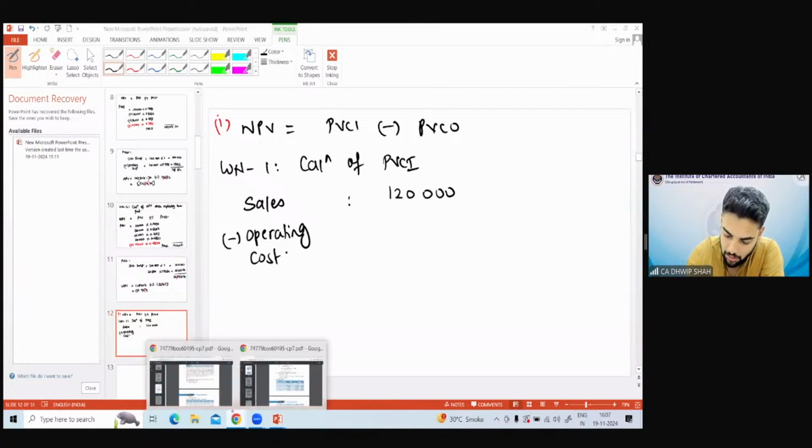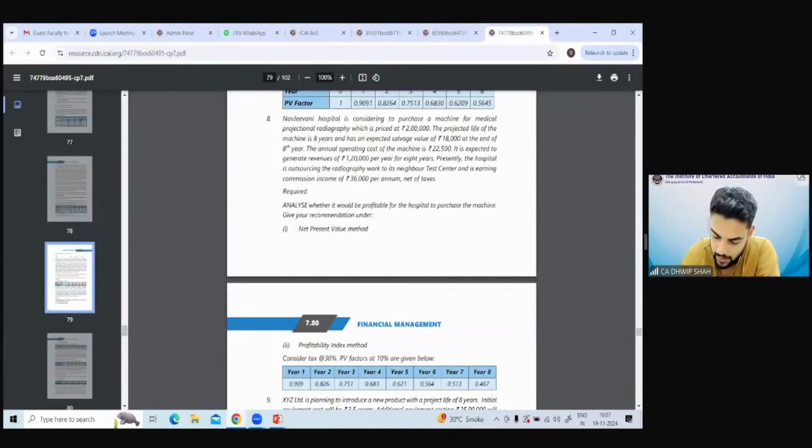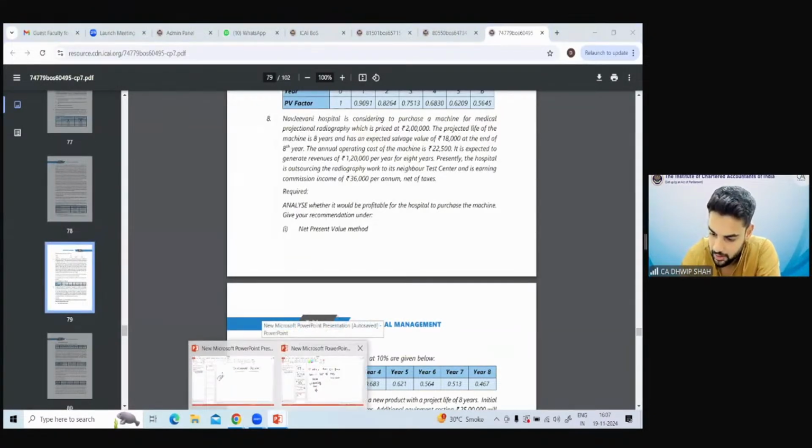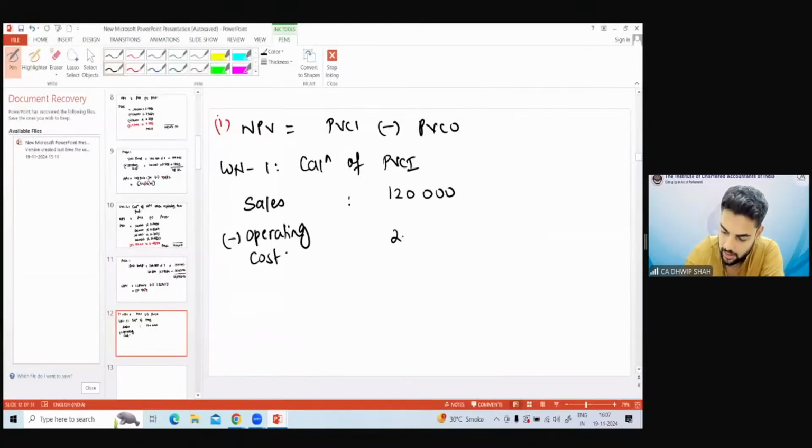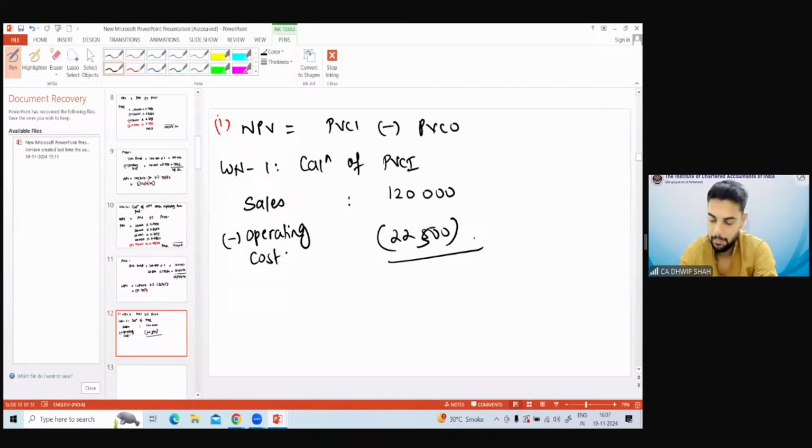Operating cost is how much? 22,500. Correct? So this I need to subtract. We are just preparing the format of cash flows. 120 minus 22,500. So the resultant figure is termed as NPBDT, net profit before depreciation and tax.